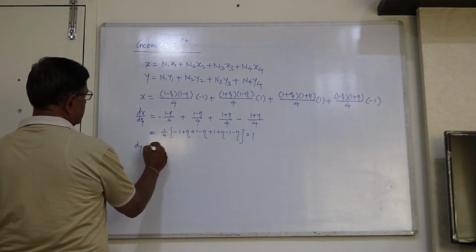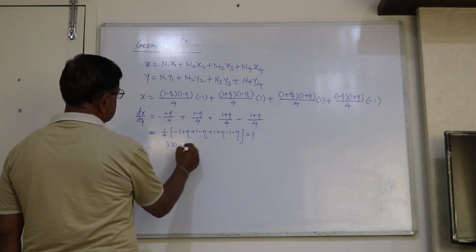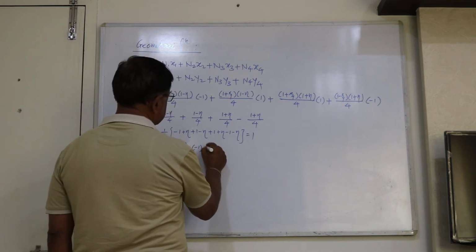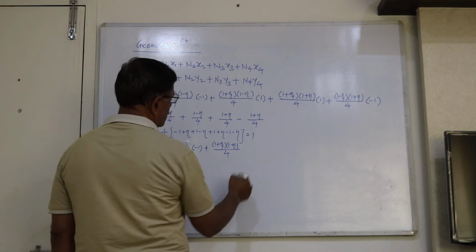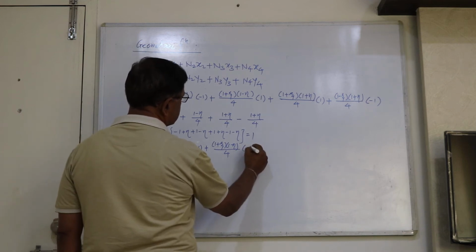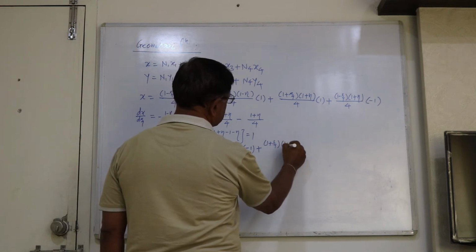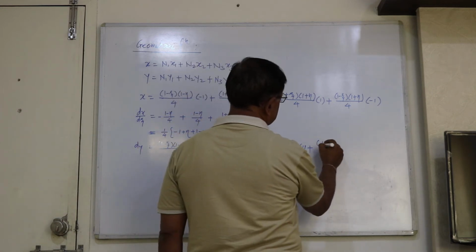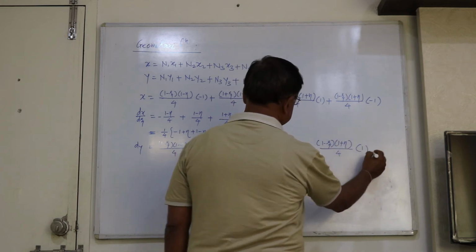Similarly, dy is equal to (1 minus xi)(1 minus eta) divided by 4, and y1 is minus 1, plus (1 plus xi)(1 minus eta) divided by 4, y2 is again minus 1, plus (1 plus xi)(1 plus eta) divided by 4 into 1, plus (1 minus xi)(1 plus eta) divided by 4 into 1.